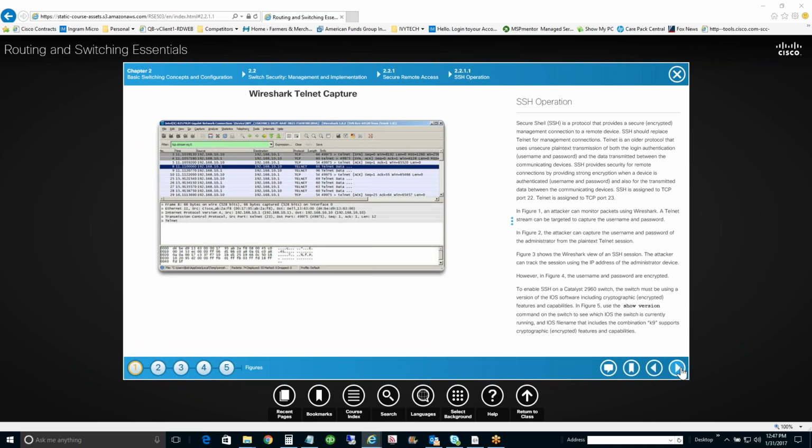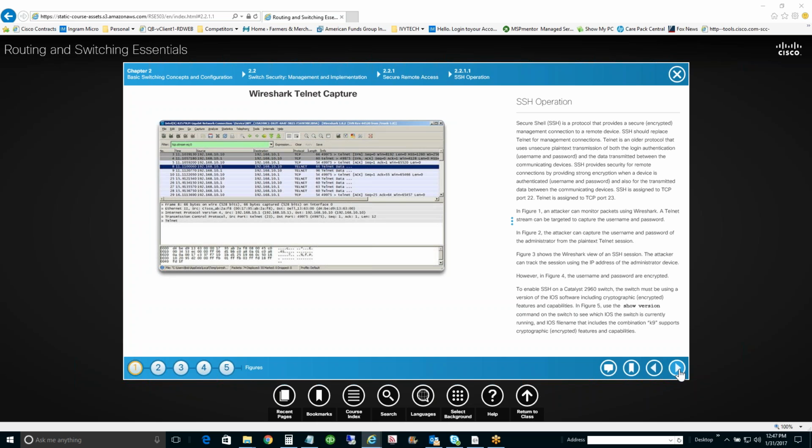You do not want to manage your devices using Telnet. So you want to make sure that when you configure port security that you only allow for secure shell access to your Telnet ports and even your console ports. That's just a best practice.